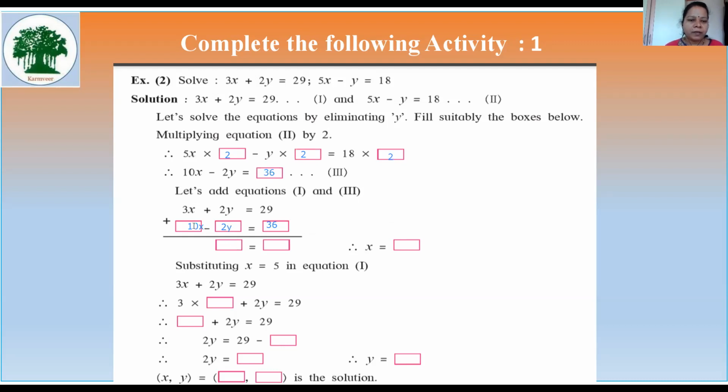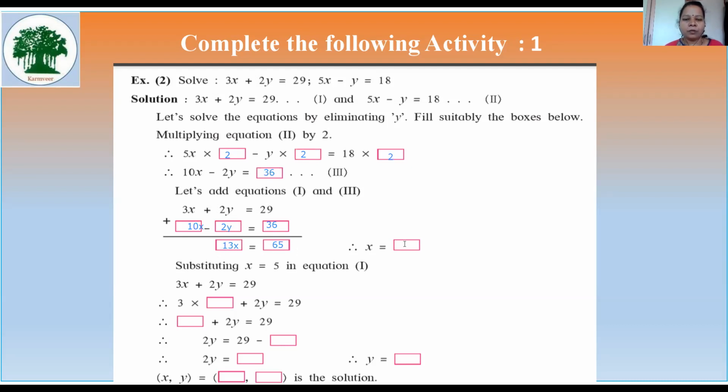Now 3x and 10x, the sum is 13x. Plus 2y and negative 2y gives 0. 29 plus 36 is 65. So 13x is equal to 65.